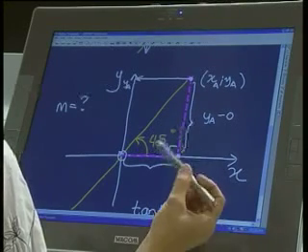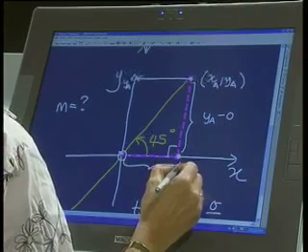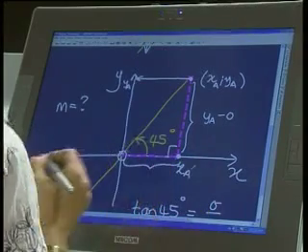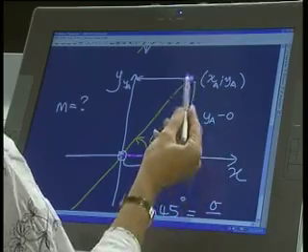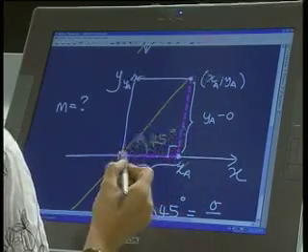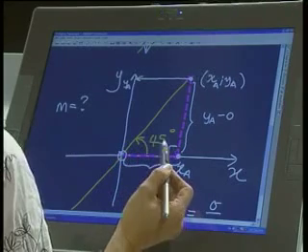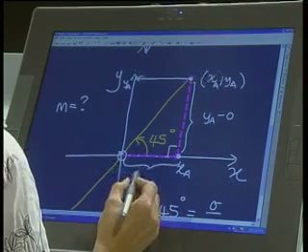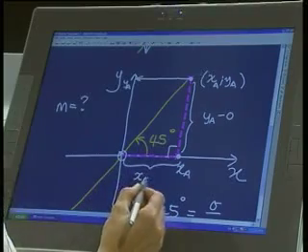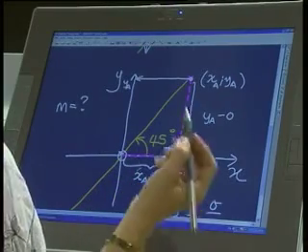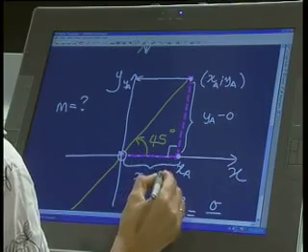No, it will be x of A, because the x value is the same everywhere along this perpendicular. So how long is the distance between 0 and x of A? It will be x of A. Fantastic. Because you are subtracting 0, it will just be x of A.